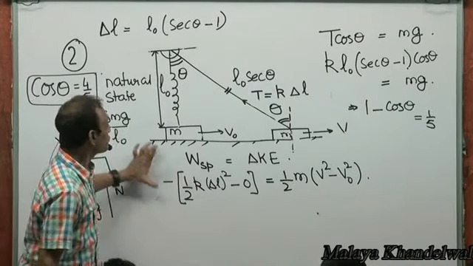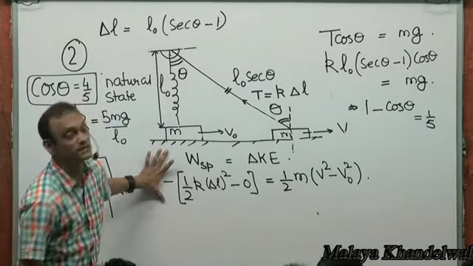That's one way to look at it from the perspective of the classical work energy theorem. The other way you could look at it: now everything is known to us. Delta L is known because sec theta is going to be 5 by 4, so we can plug in the value of delta L. K is known to us, 5 mg by L naught.